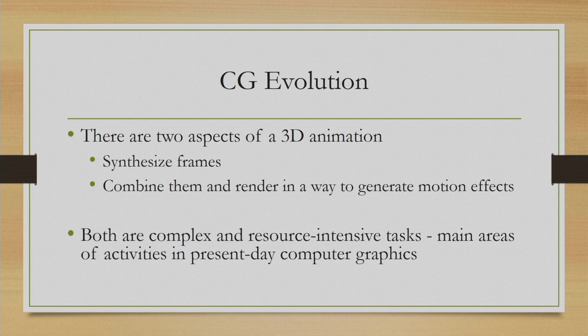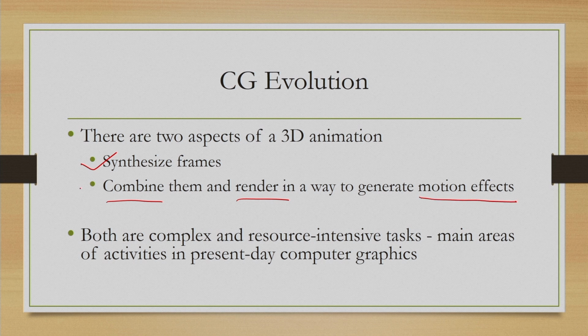Now, if we look closer at the 3D animation, then we will see that there are two aspects. One is synthesis of frames, and the second one is combining the frames together and rendering them in a way such that it generates a perception of motion or generates the motion effects.